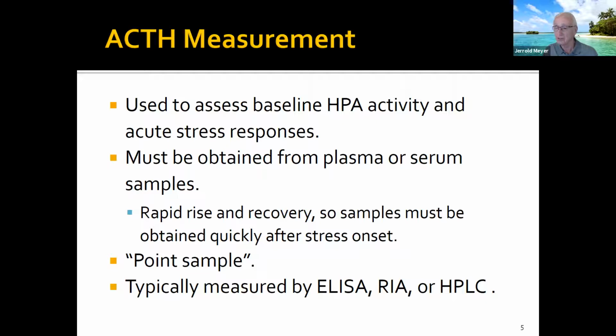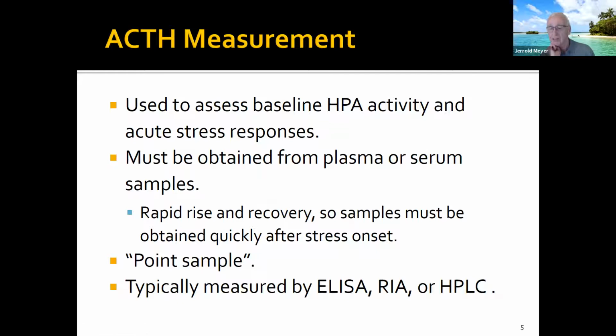CRH, of course, goes first, ACTH goes second, and ACTH levels in the blood start to increase before you can get measurable increases in cortisol. So if you want to get the earliest responses, again, forgetting about CRF or CRH for the moment, you can go after ACTH. And if the stressor is acute, if it's temporary, then ACTH recovers relatively rapidly as well.